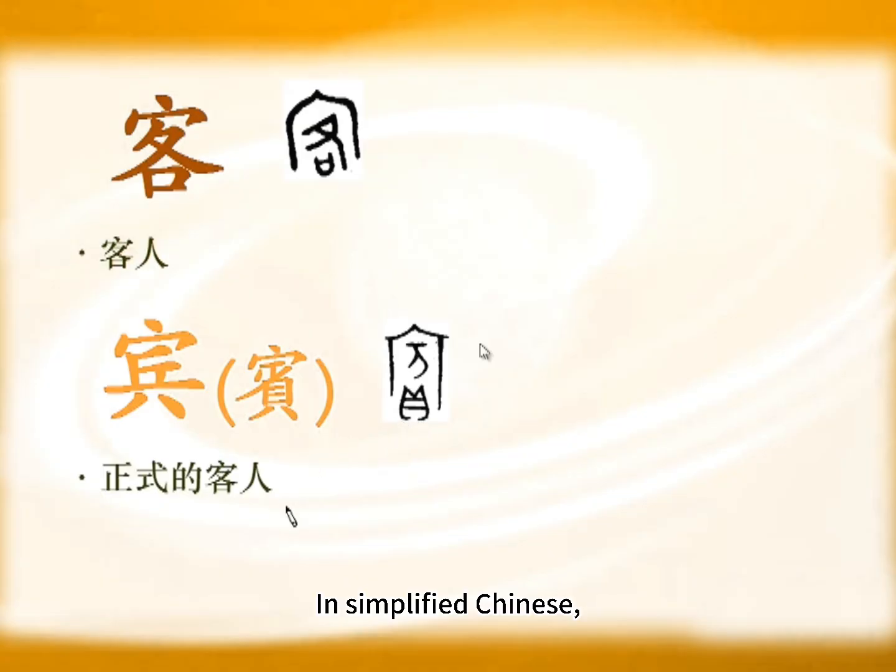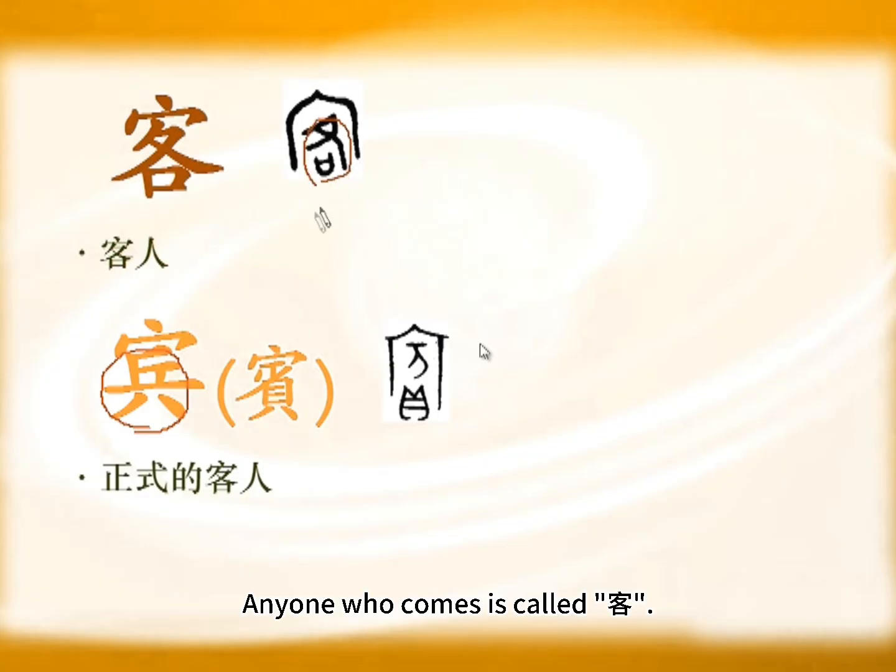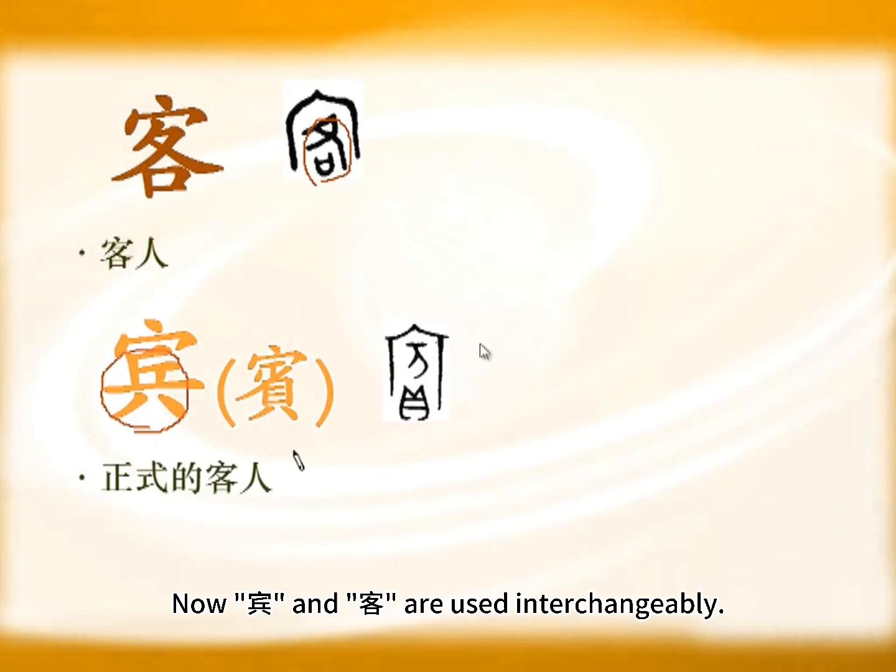In simplified Chinese, the inner part was changed to bing. Bing is now only used for its pronunciation. The original creative meaning is lost. Ke means a foot arriving at the door. Anyone who comes is called ke. But bin signifies a formal visit, must bring a gift. Now bin and ke are used interchangeably.